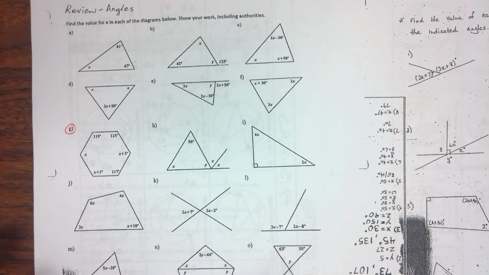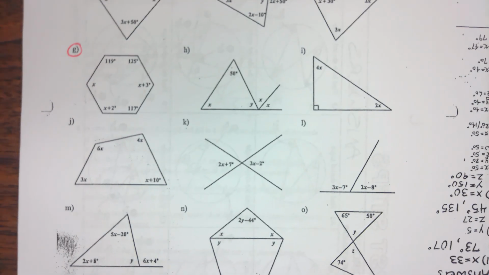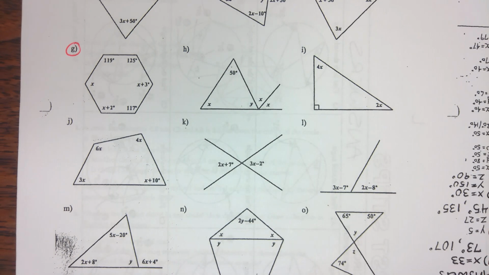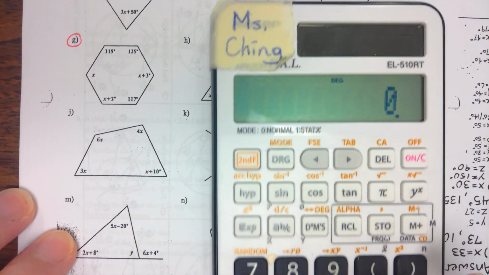What do the angles have to add up to in this hexagon? A 6-sided figure. 720. Not 360. 360 is a 4-sided shape. For a 6-sided shape, how did you get 720?